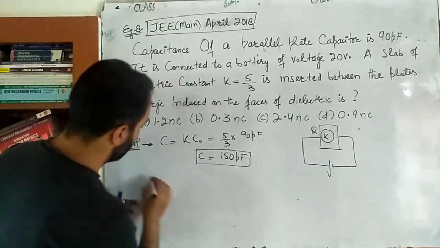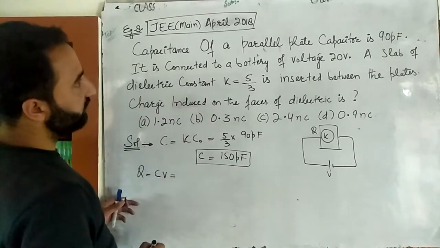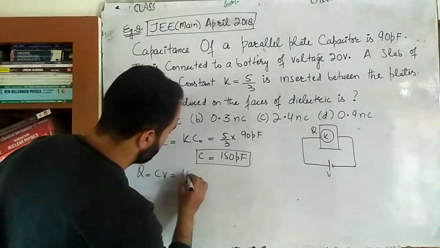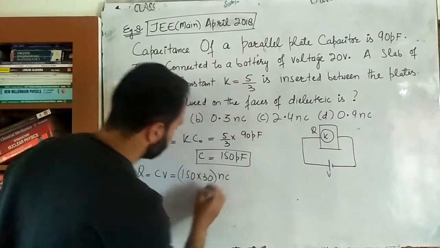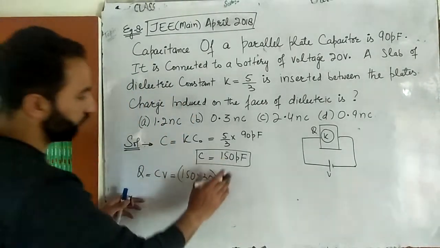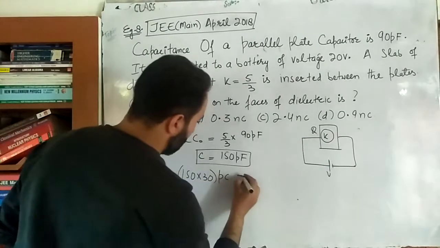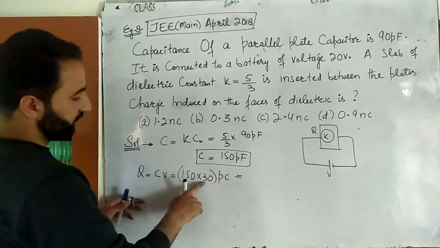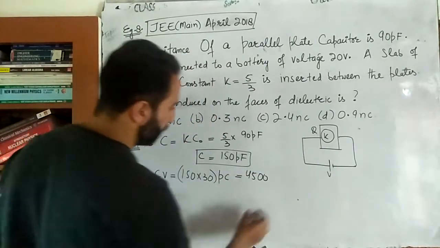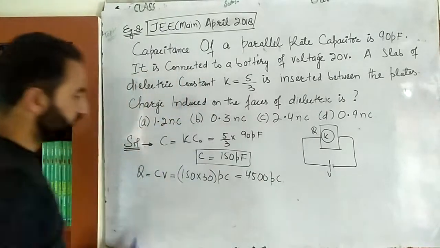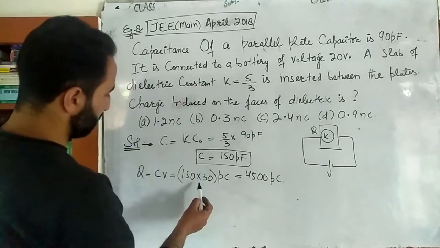Then we'll calculate Q. Obviously the simple equation, Q is equal to C into V. So how much is V? V is given to you, so that's equal to 150 multiplied by 30, and it will be picocoulomb.